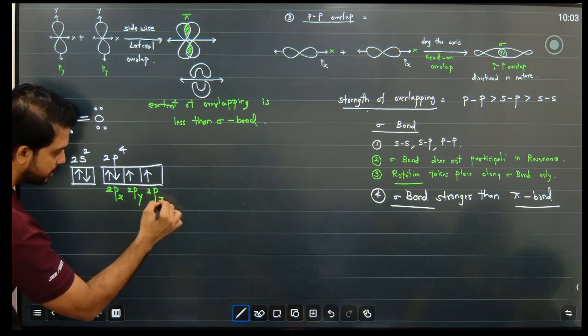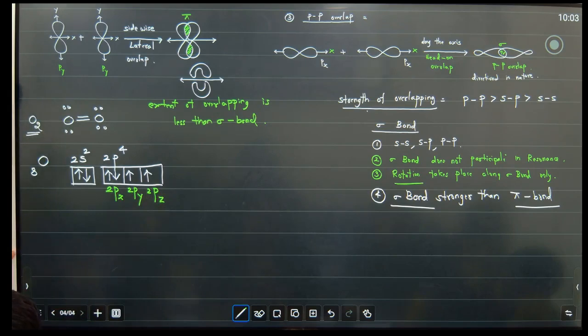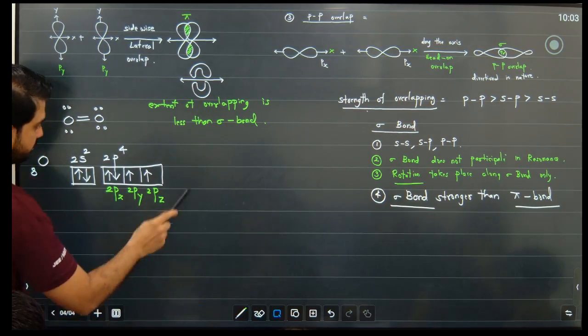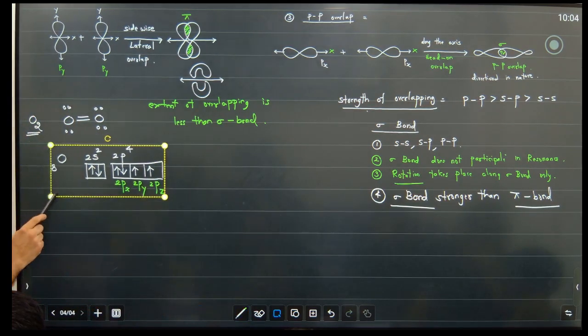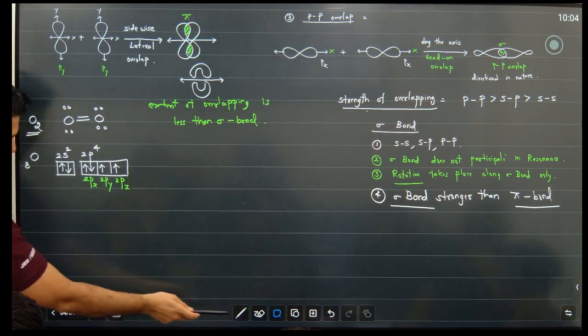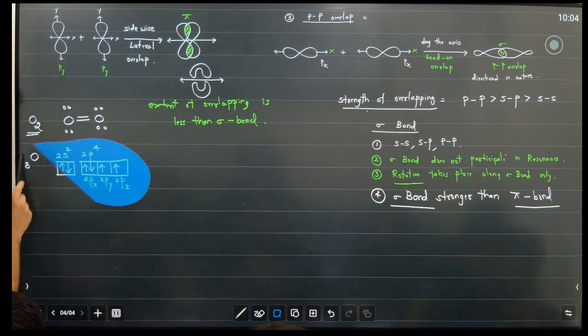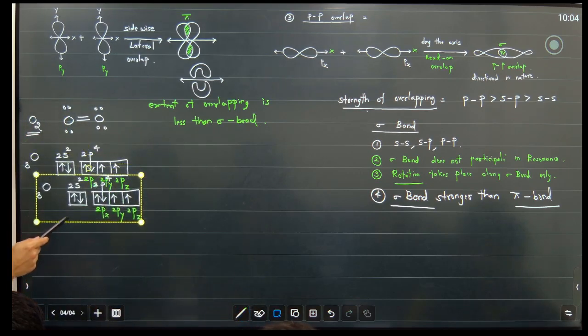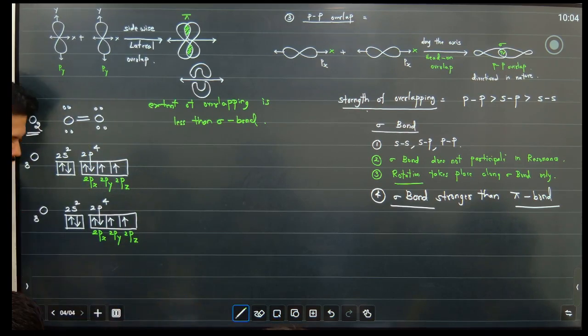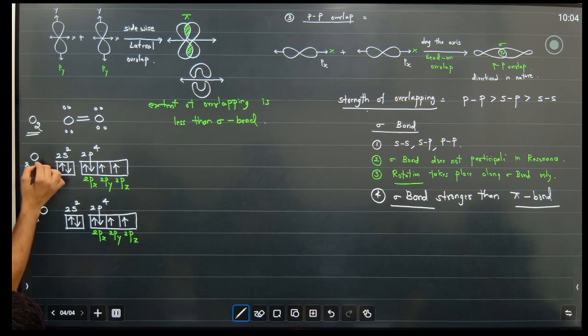Now remember, there are two oxygen atoms. So let's say ये first वाला oxygen atom है, इसके साथ एक और oxygen atom आएगा. This is the second oxygen atom. ठीक है, just for representation इसको मैं बोल रहा हूँ first oxygen atom, इसको मैं बोल रहा हूँ second oxygen atom.